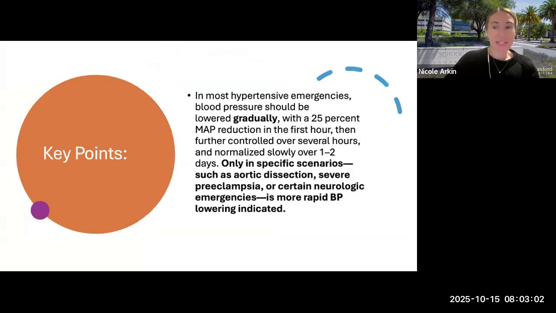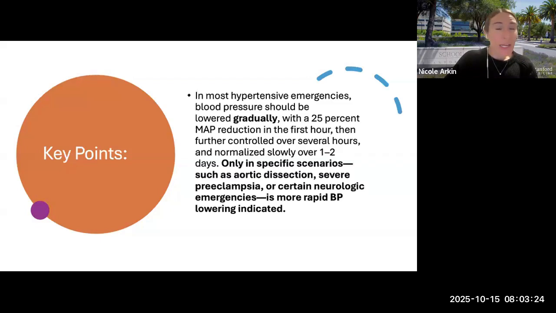So typically, we consider that to be no more than a 25% reduction in that first hour. So an example of that would be, let's say someone's mean arterial pressure is 140, which would be very high. The aim would be to bring it down to roughly 105, 110 of mean arterial pressure within that first hour.